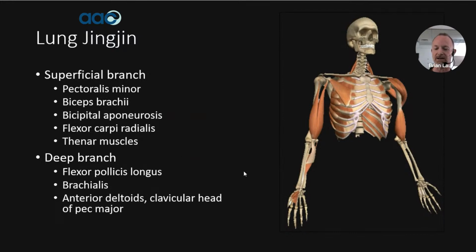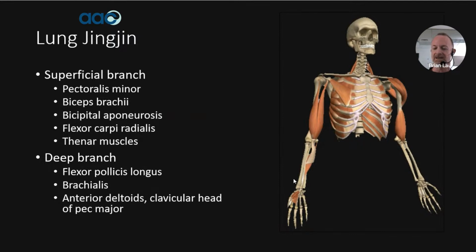So this is what I have as a model and what we teach in sports medicine acupuncture for the lung sinew channel. We have the pectoralis minor, biceps brachii, short head and long head, this bicipital aponeurosis, which is an extension of that, links in with the flexor carpi radialis and then into the thenar muscles. That's the superficial branch.